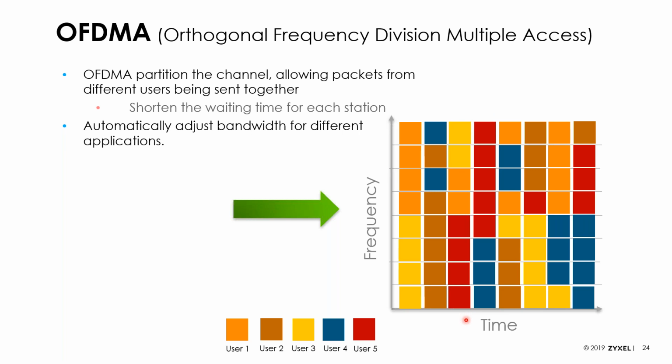The AP is automatically able to adjust the bandwidth to the client requirements. Perhaps the client is just sending a small burst of reporting data, so it doesn't need that much bandwidth, or somebody is watching YouTube, requiring a lot more bandwidth, and it dynamically allocates that bandwidth for each and every client.